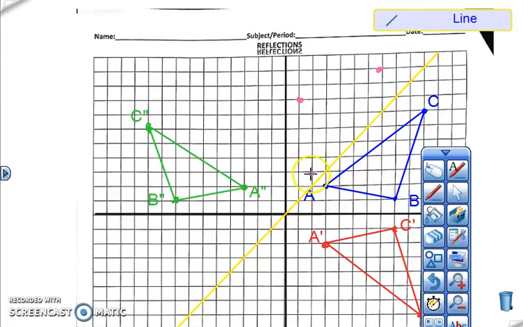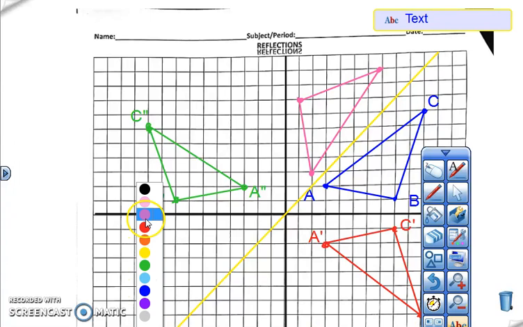Connect my lines. There we go. And once again, we can label all of our points.